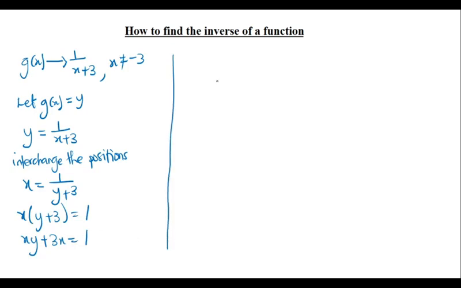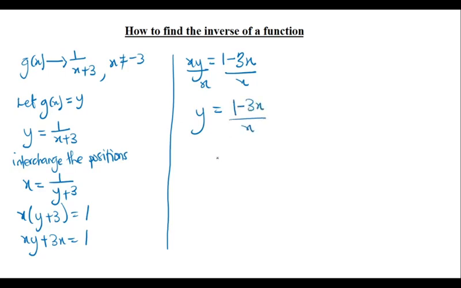So from here, we make y the subject. So we bring 3x here, xy is equal to 1 minus 3x over here. So we divide both sides by x to make y the subject. So y is now equal to 1 minus 3x all divided by x.